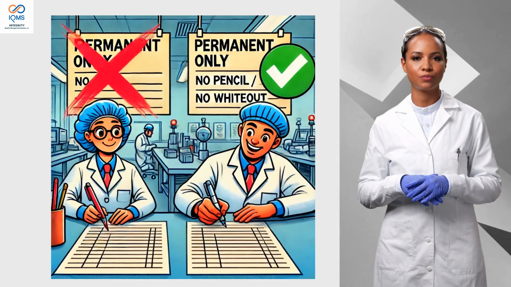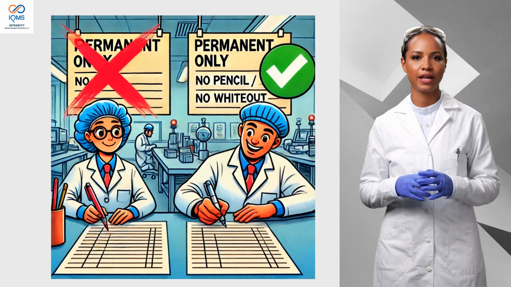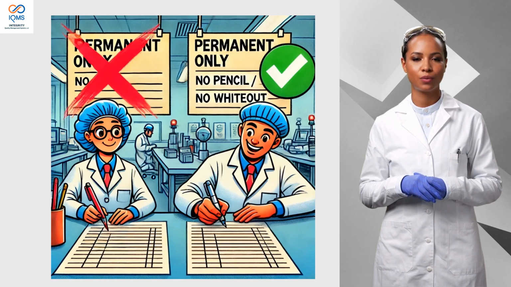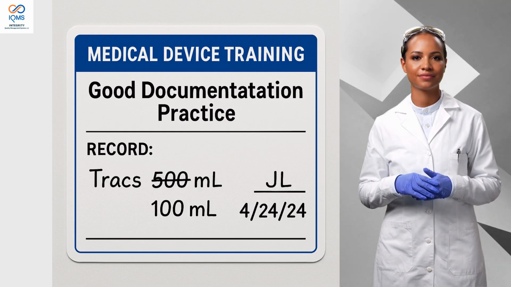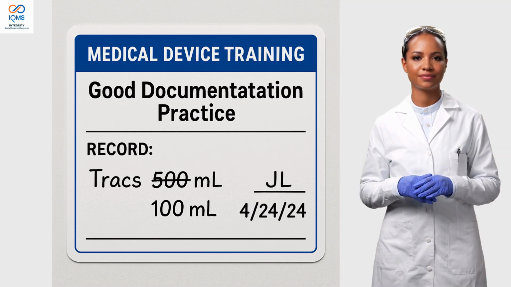Good documentation practices, or short GDP. Records must be written in permanent ink. Use of pencil, erasable ink, or whiteout is not permitted. If a correction is required, draw a single line through the error, write the correct entry, and initial and date the change.